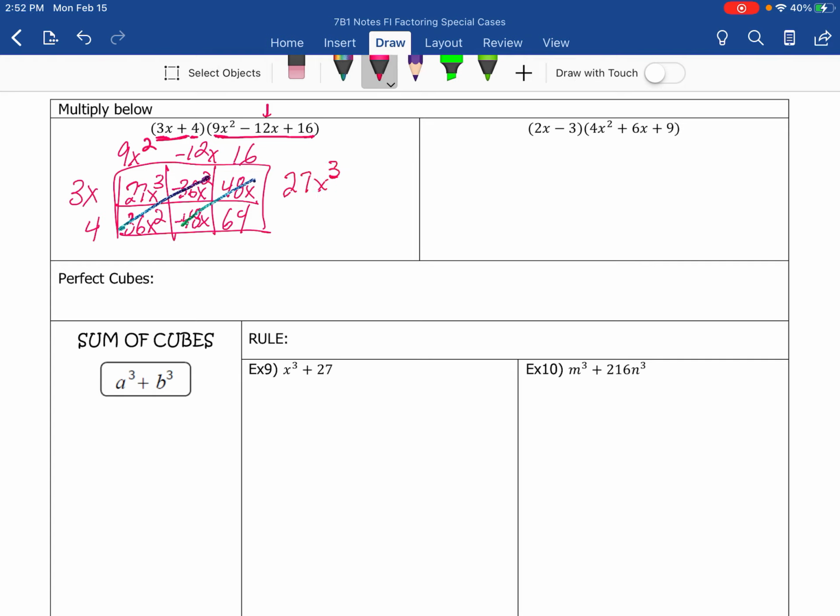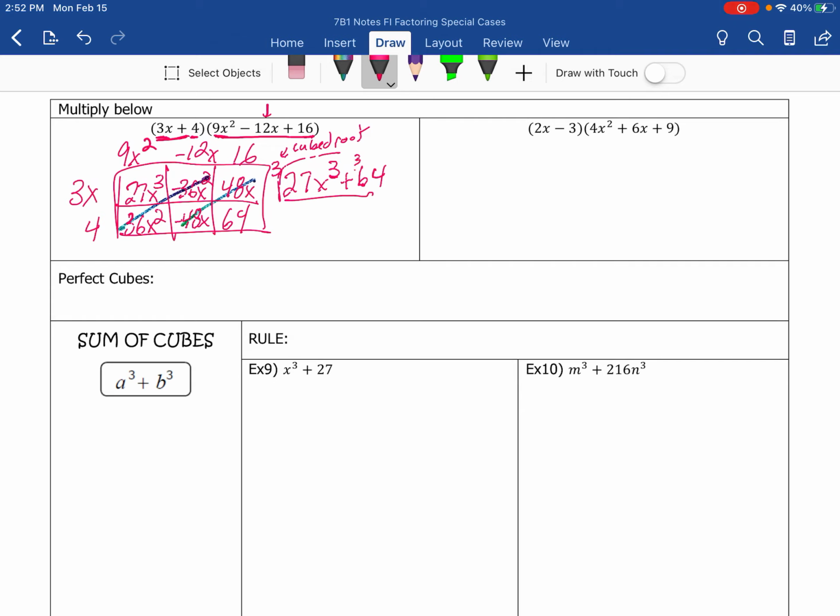Things to notice, these two add to be 0, these two add to be 0. So your final answer is going to be 27x cubed plus 64. This is called the sum of cubes. Okay, because they're both perfect cubes. Because 3 times 3 times 3 is 27, and 4 times 4 times 4 is 64.